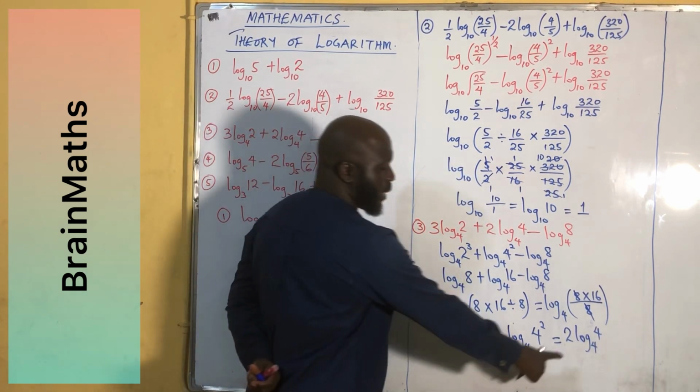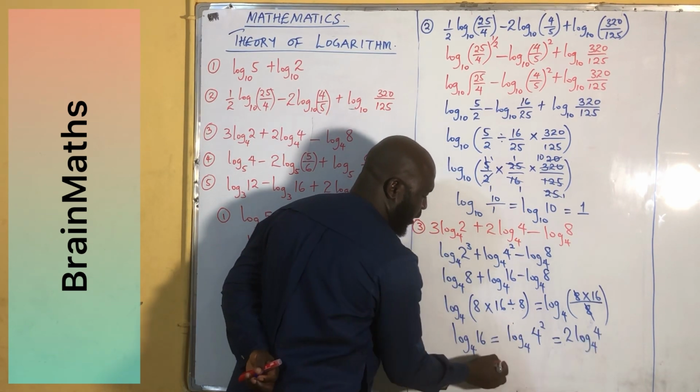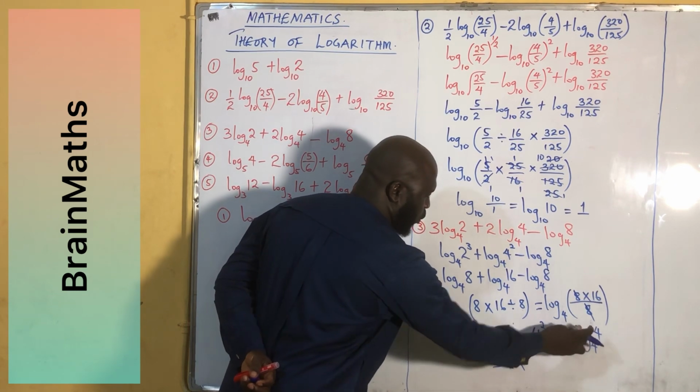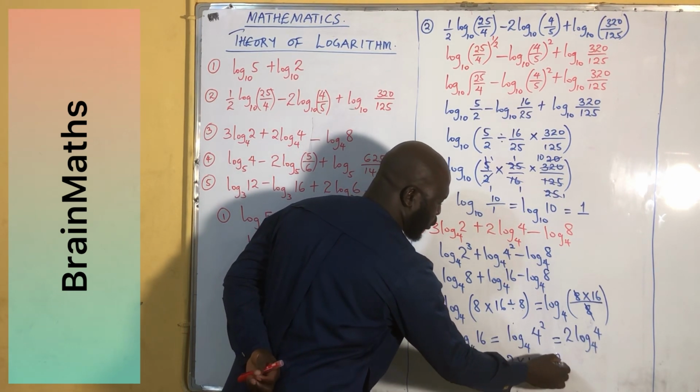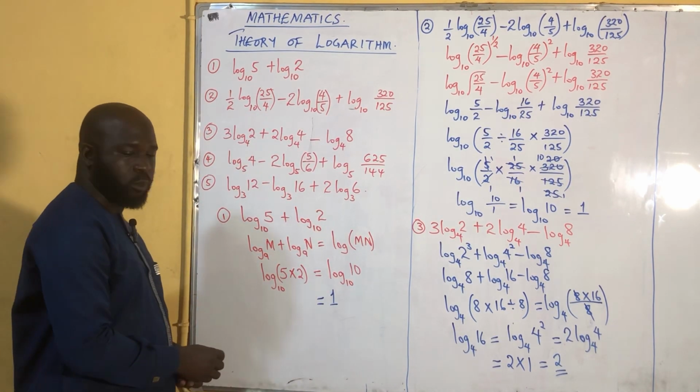And don't forget, any logarithm having the same base and the same number is the same thing as 1. So we have 2 times 1, and that will give us 2. So the answer to that question is actually 2.